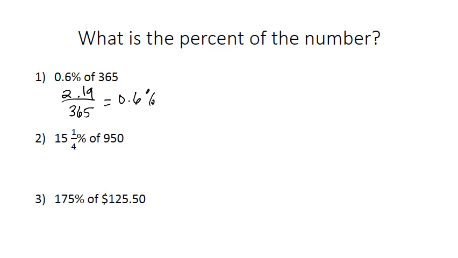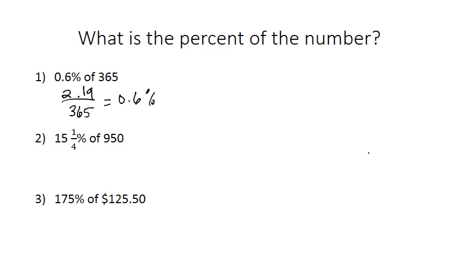If I want to do it in a simpler way, I'm going to do the same problem just over here using method 2. To do this, I'm going to first write my percentage as a decimal, so that would be 0.6.